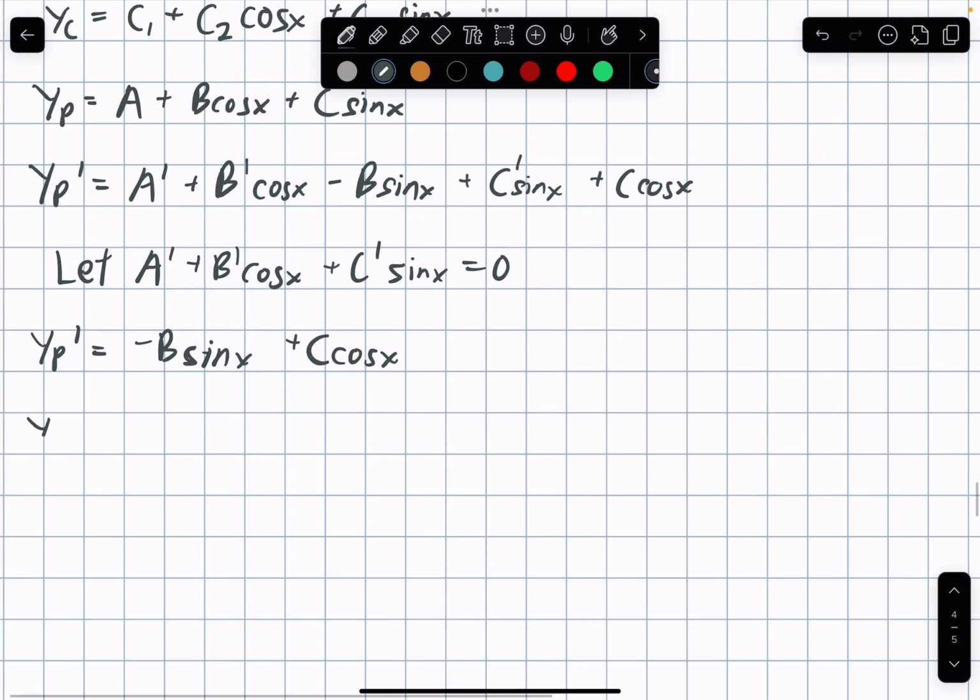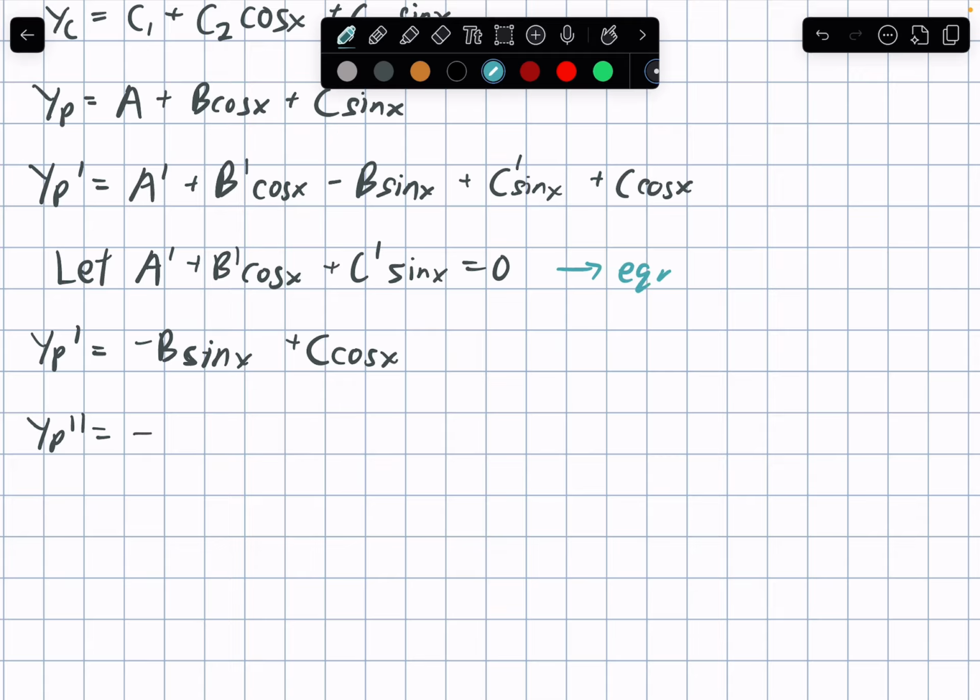Y double prime is equal to... Okay, so that's when you start differentiating the second time. We're going to make what we let as equation 1. This one. That is very specific. You have to know that.